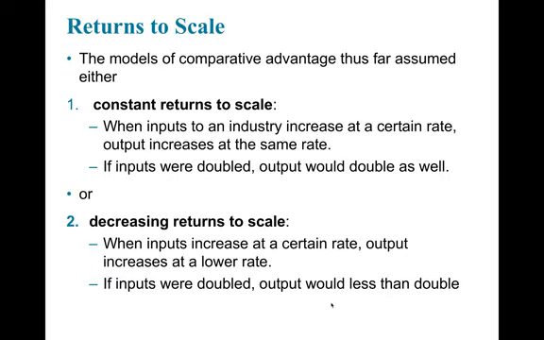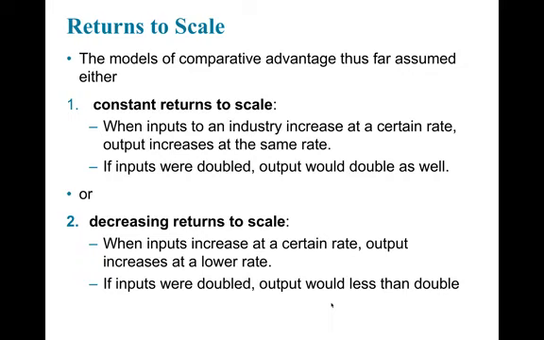Okay, so the models of comparative advantage so far have either assumed constant returns to scale, as in the case of the Ricardian model. When inputs to an industry increase at a certain rate, output increases at the same rate. So if inputs double, output would double as well.